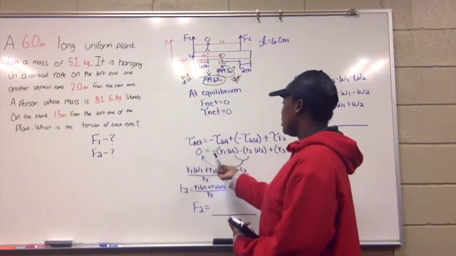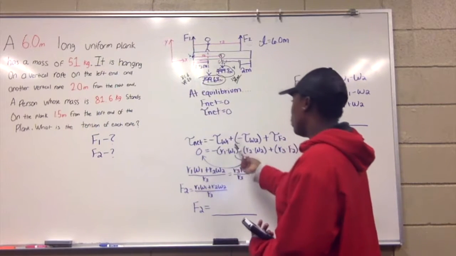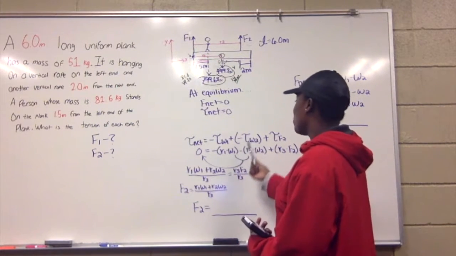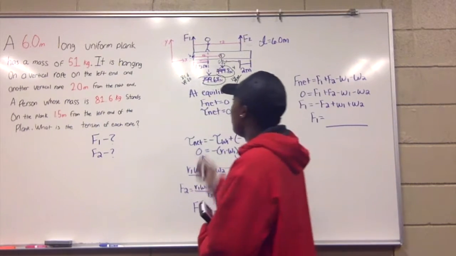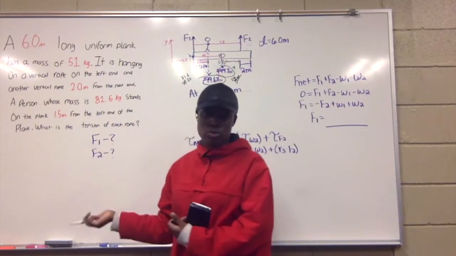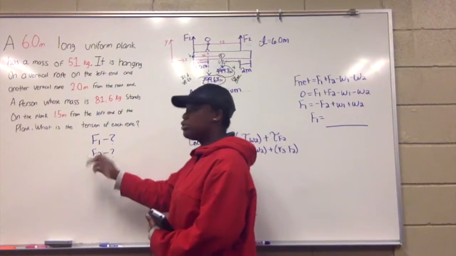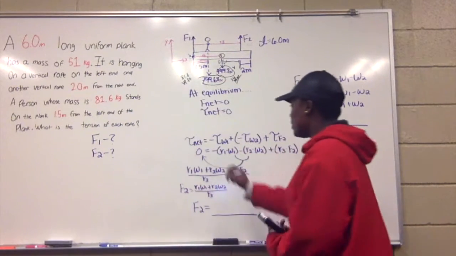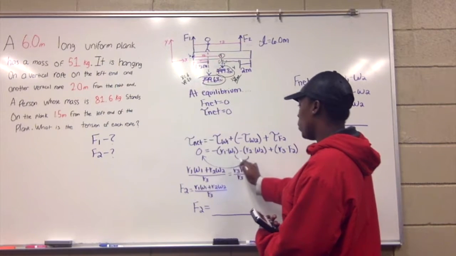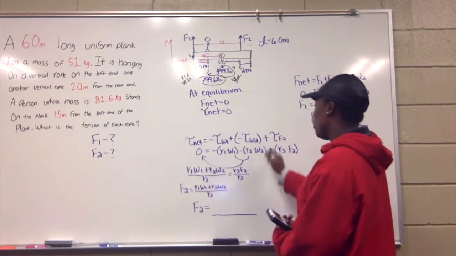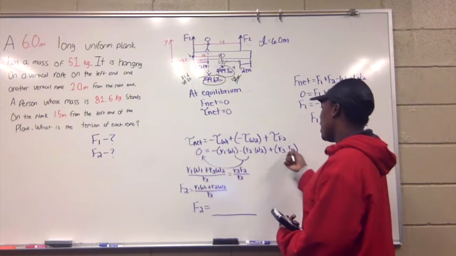So we got torque of weight 1 plus negative torque of weight 2 plus torque F2, because we're trying to find the torque of F1, which is also known as force, and then F2 torque 2. So we said equals 0.